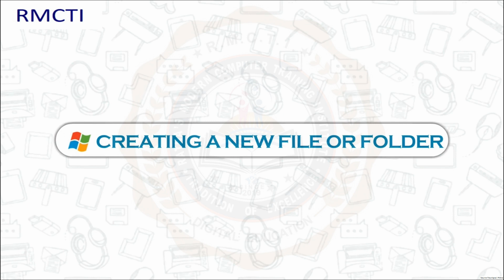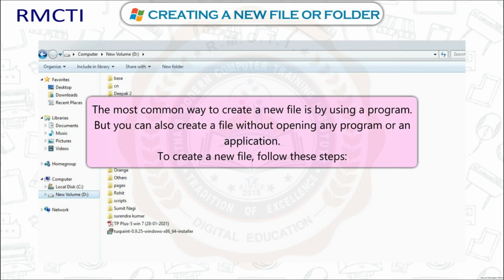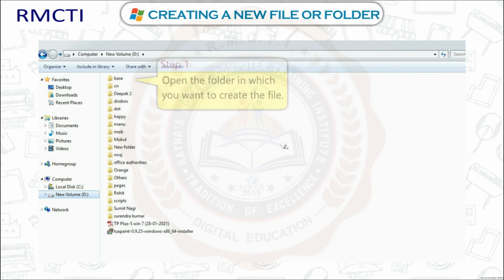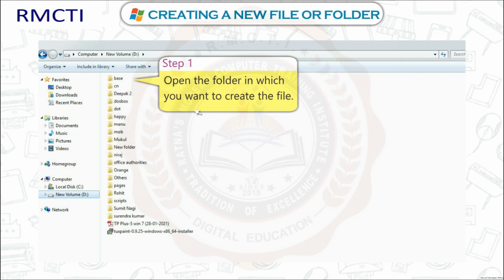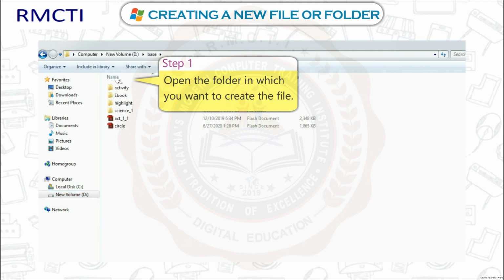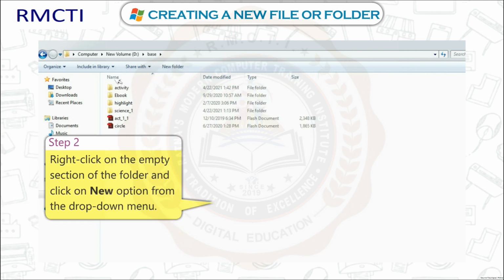Creating a new file or folder. The most common way to create a new file is by using a program. But you can also create a file without opening any program or application. To create a new file, follow these steps. Step 1. Open the folder in which you want to create the file. Step 2.